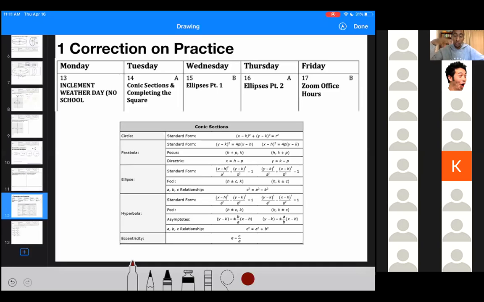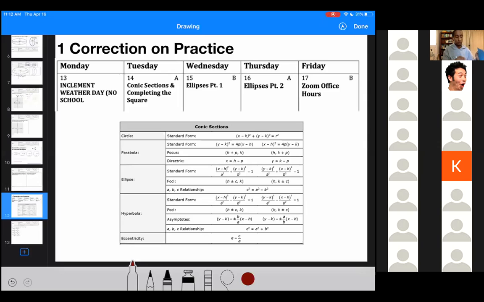It didn't specify whether it was vertical or horizontal, and you didn't have enough information for that. So on the fourth question, just write that it is a vertical ellipse. Make sure to take a note there that that is a vertical ellipse.